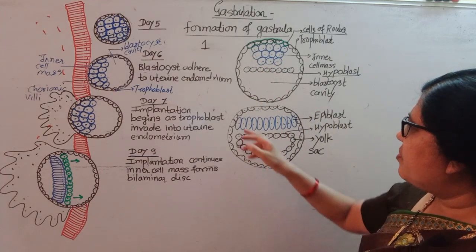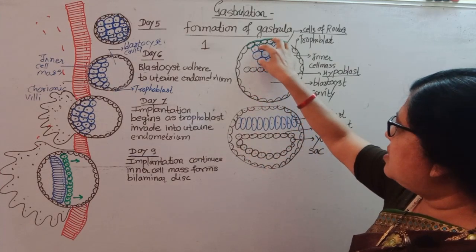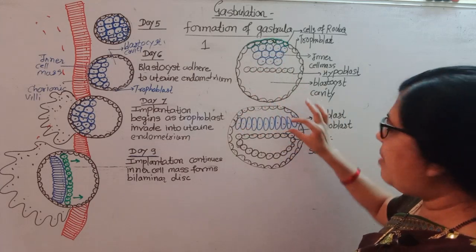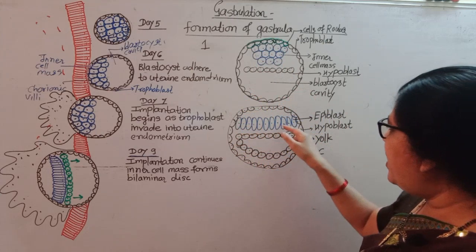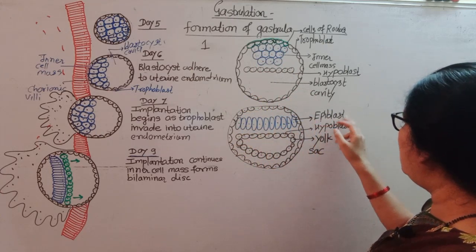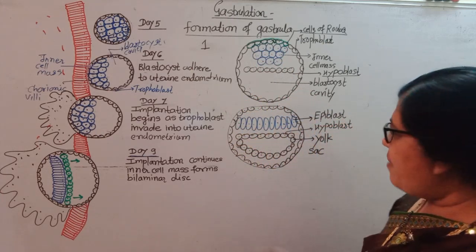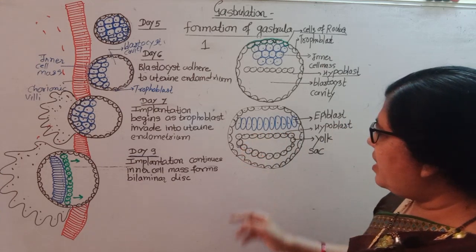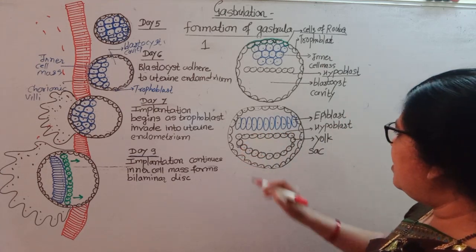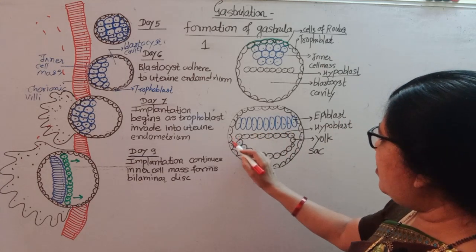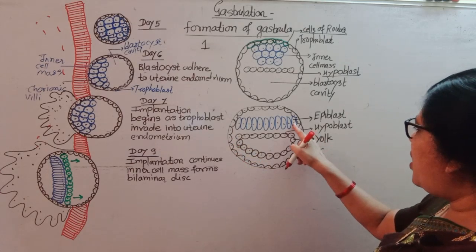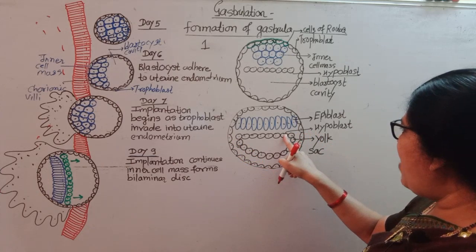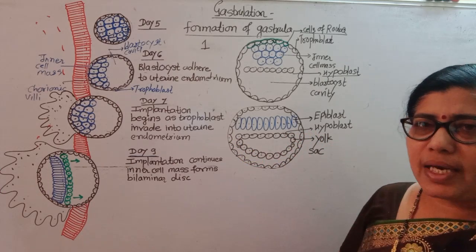Then all the other cells of the inner cell mass become columnar and arrange like a plate, like a disc, and this is called the epiblast. Hypoblast cells divide and redivide and form a sac inside the trophoblast, and this sac is called the yolk sac. So this is the epiblast, this is the hypoblast, and this is the yolk sac.